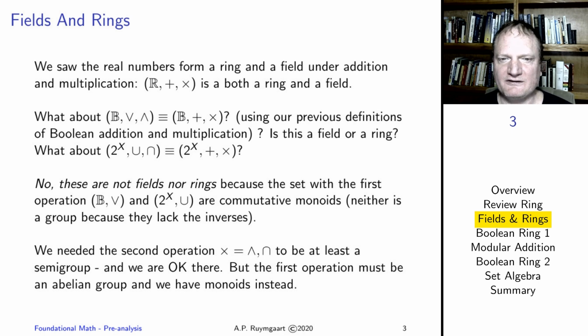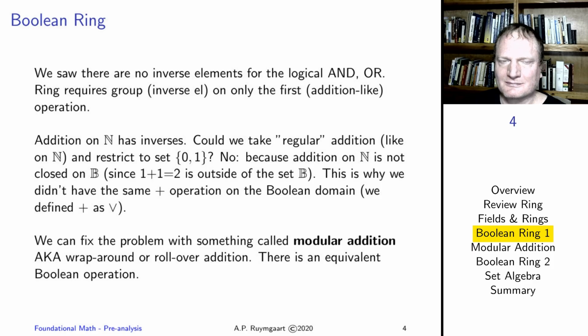So we would need to find another operation equivalent to addition here that does have inverse elements to turn these guys into rings. We saw that Boolean OR operations do not have inverses. And we did have inverses on addition of the whole numbers because we had the negatives.